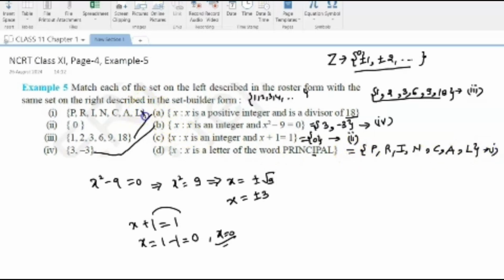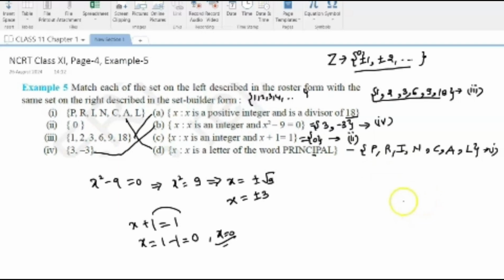So this last arrow goes to first. Okay, I hope it is clear.